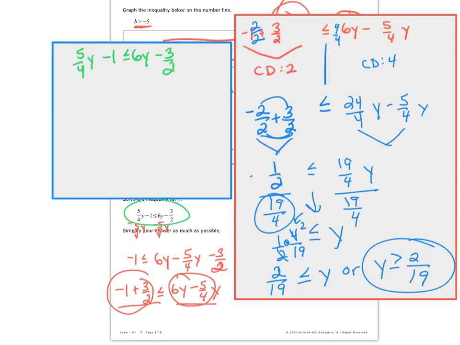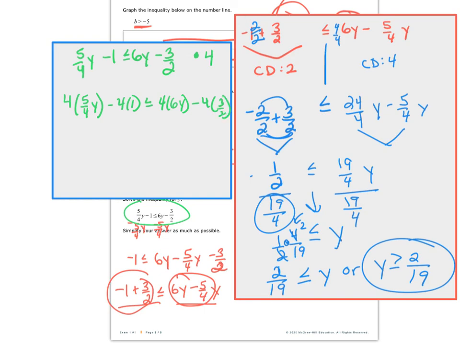Let's say you wanted to clear the fractions. So you're going to multiply both sides by the least common denominator, which is what you're going to cross out. So I'm going to multiply both sides by 4. So 4 into the first term, 4 times the second term, 4 times the right side.